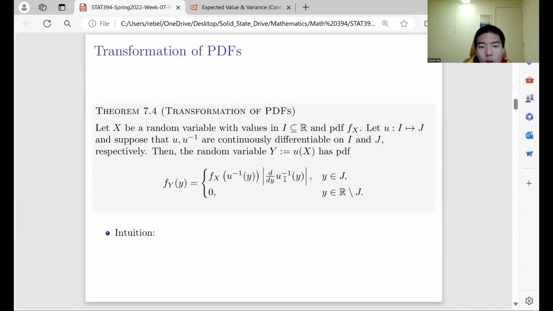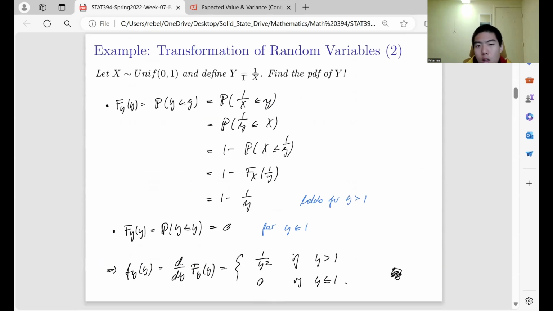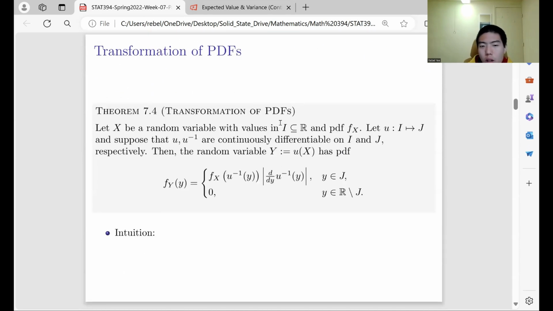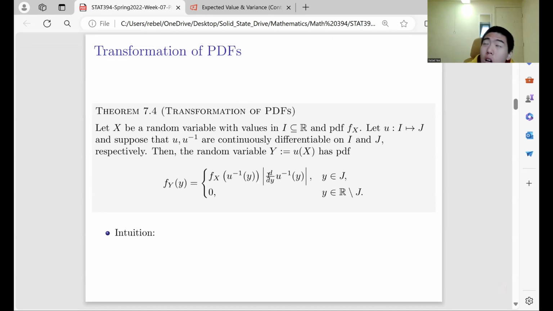So before that, let's say what U inverse is. U inverse is the same, as the two steps illustrated at the beginning: 1 over x smaller or equal to y is 1 over y smaller or equal to x. So it's still 1 over y. We differentiate 1 over y and get 1 over y squared, positive if we take the absolute value.